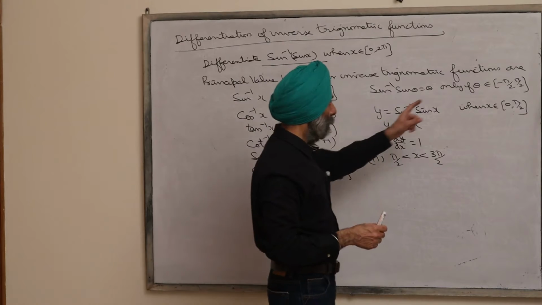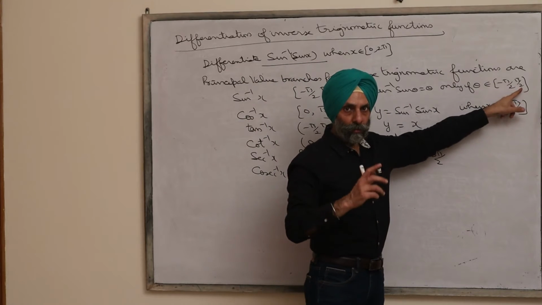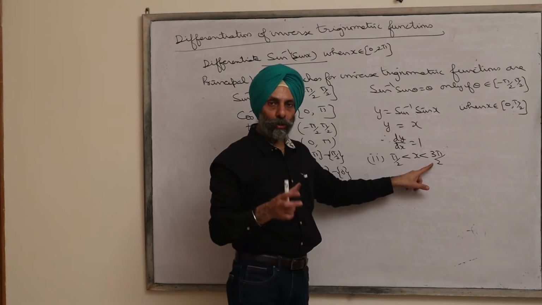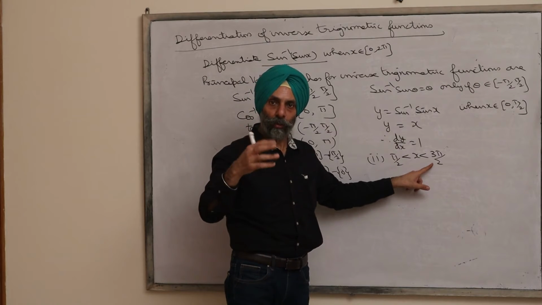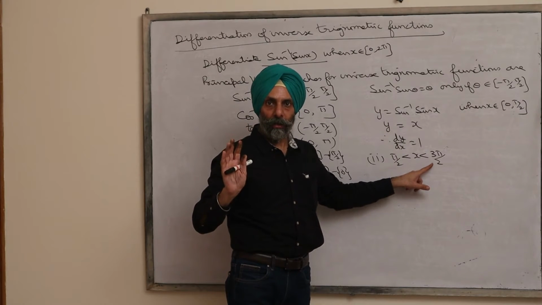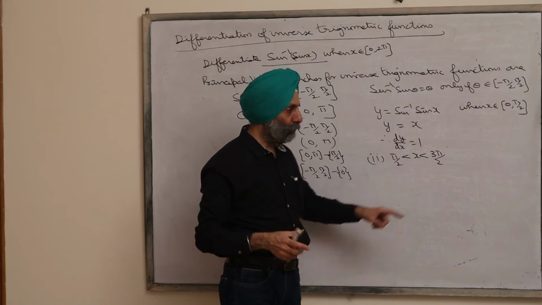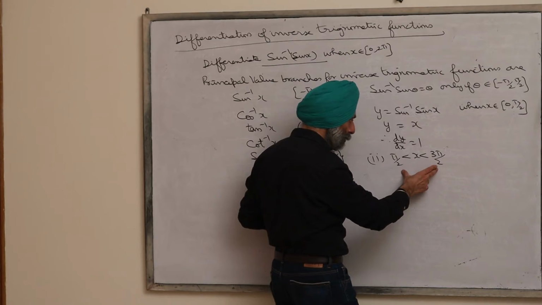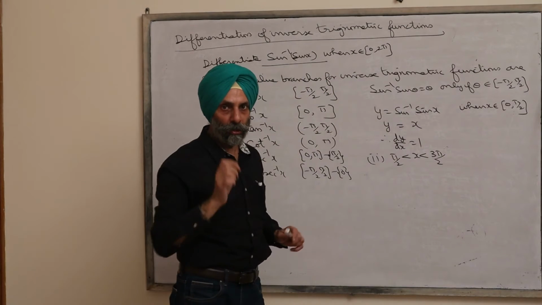So minus pi by 2 to pi by 2, then you add pi to it, giving pi by 2 to 3 pi by 2. Now my tendency should be to bring this interval into the principal value branch.